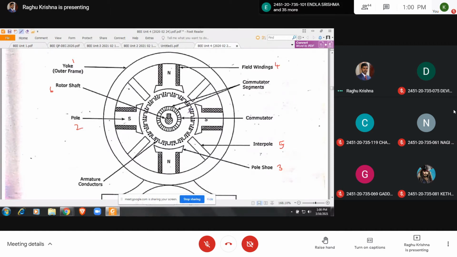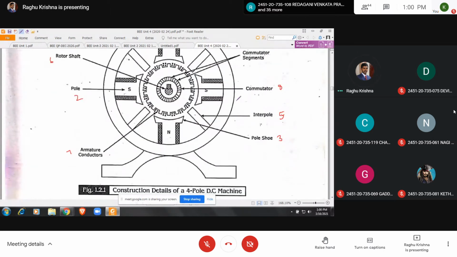Next coming to armature conductors, commutator segments, or directly you can write commutator. So commutator. So like this parts you can write. So if you write in order, it will be easy for you, easy to remember.